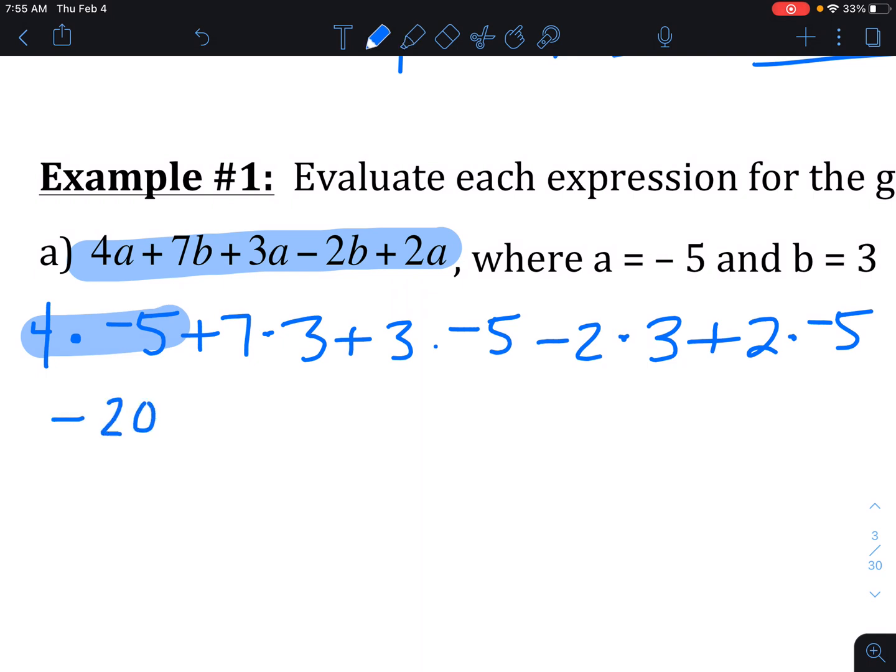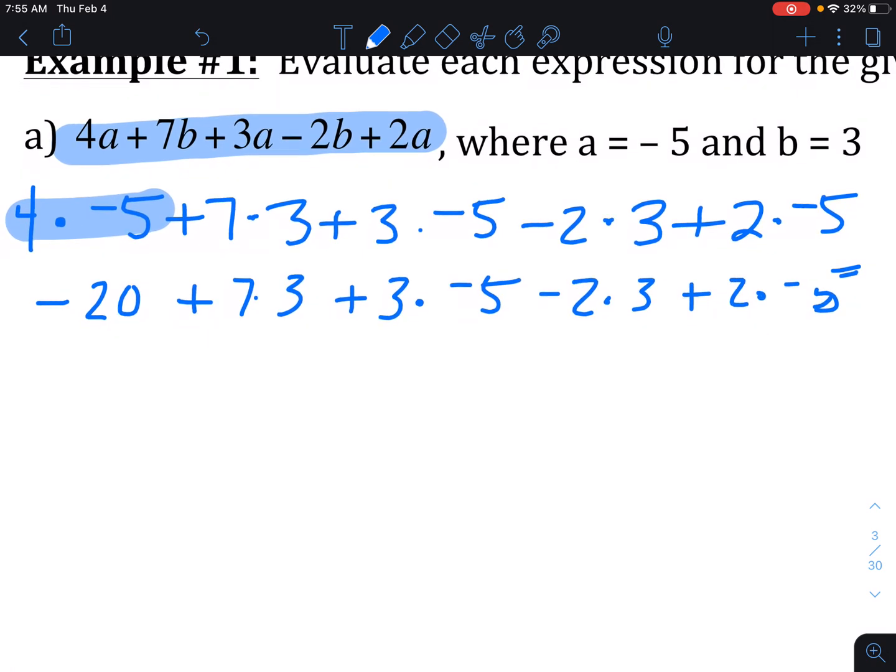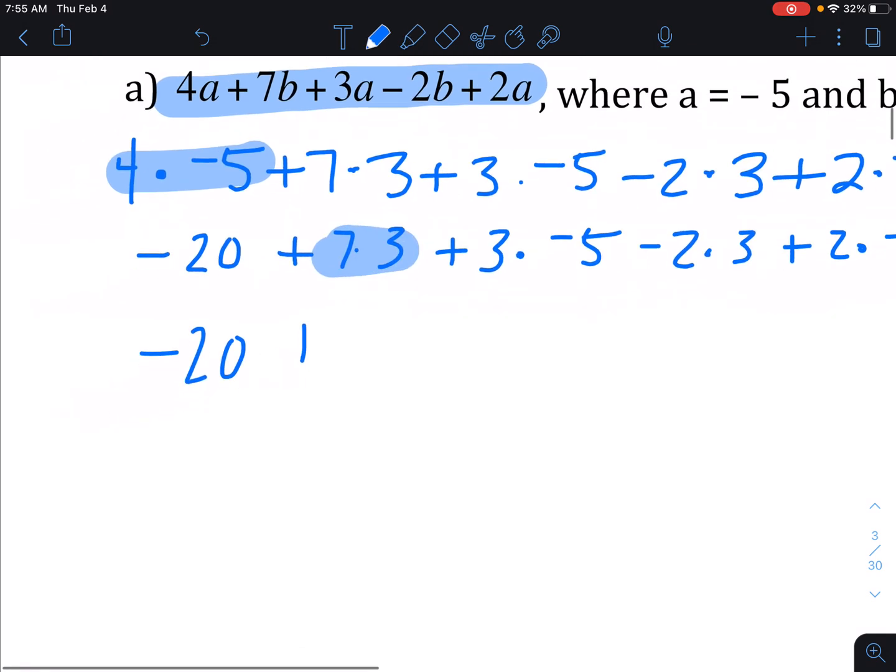That'll be -20. There are shortcuts here, but I'm going to be really formal today since it's our first lesson. That's supposed to be a 5 at the end. My stylus is acting up. And then keep going, multiplication left to right. So plus 21.